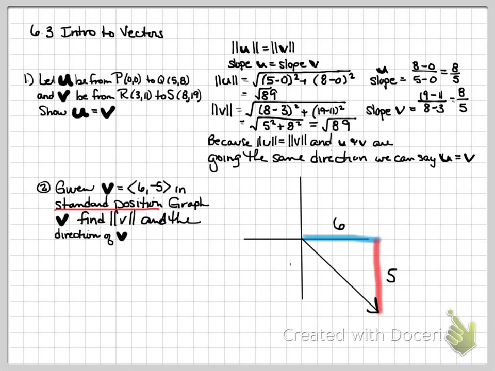So I can now use my Pythagorean theorem to find my magnitude. I can just look at my picture, which is my triangle, and say it's 6 squared plus 5 squared, and that's just the square root of 61. Okay, there's my magnitude. Now the direction is going to again be the slope.